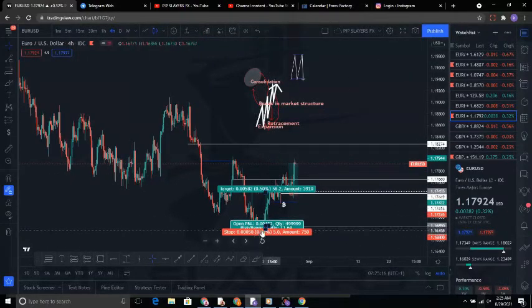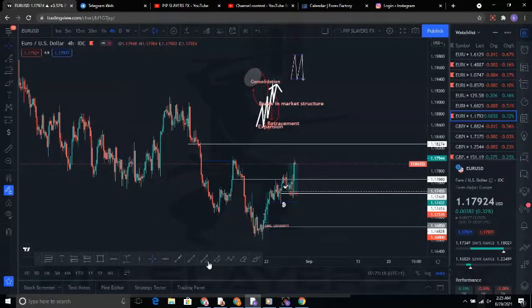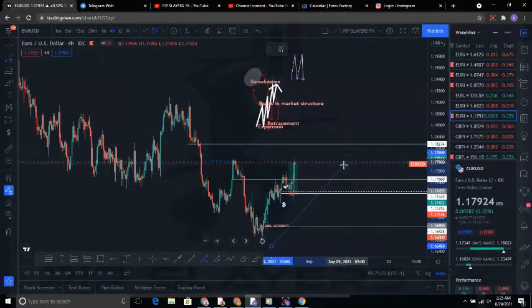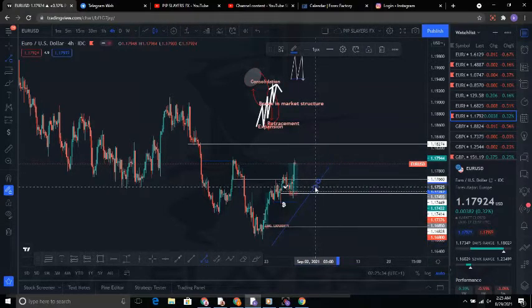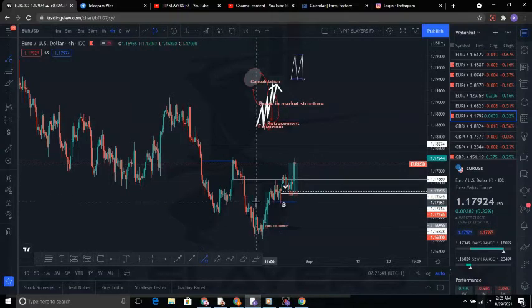This was basically a retracement of this. This is where market structure understanding really comes into play. For another trader out there, you feel like this is a bearish momentum.